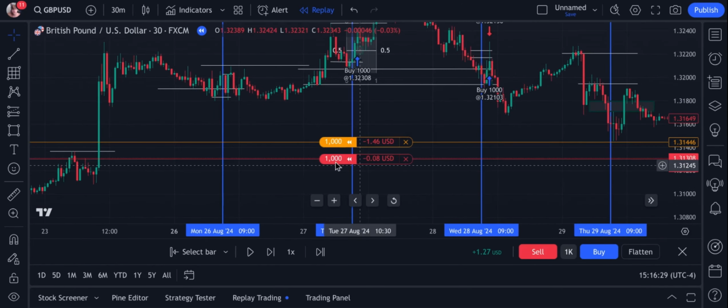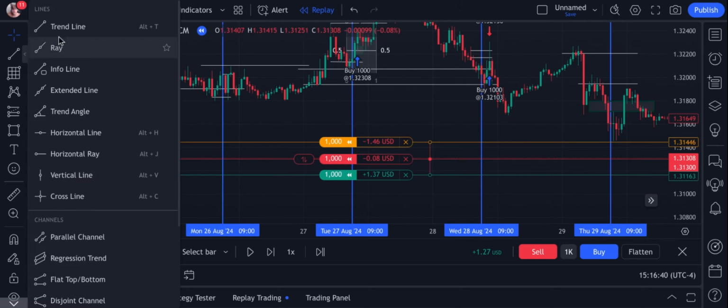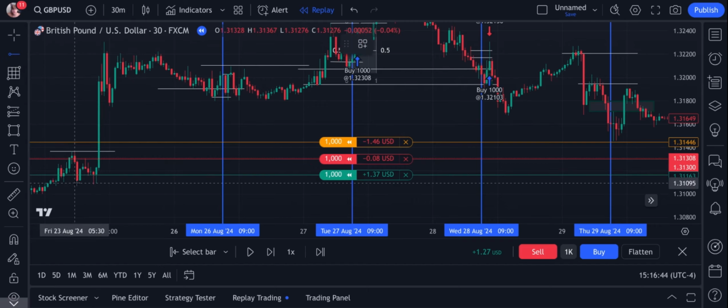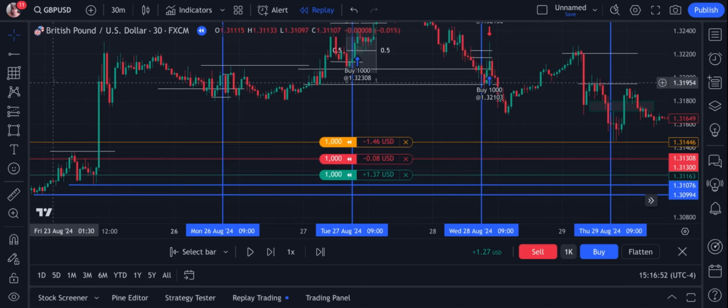And then we'll just put TP at these lows here, and then our second TP will be here. Trend line, horizontal ray. We'll put our second TP here, and then another TP at these lows here. Let's see what happens.